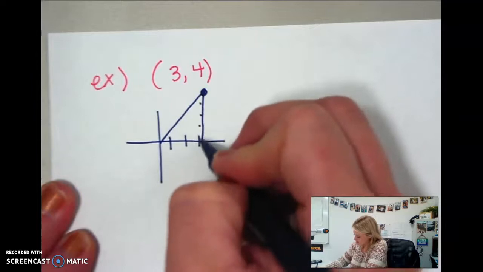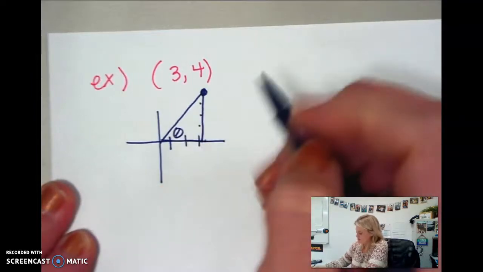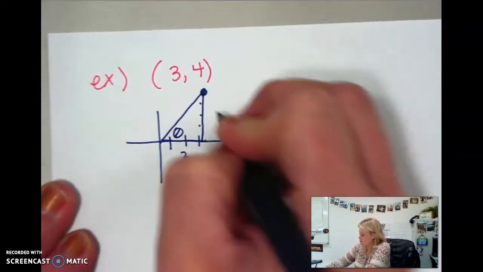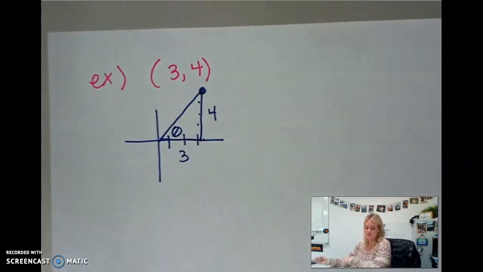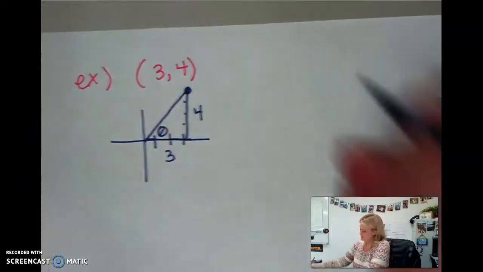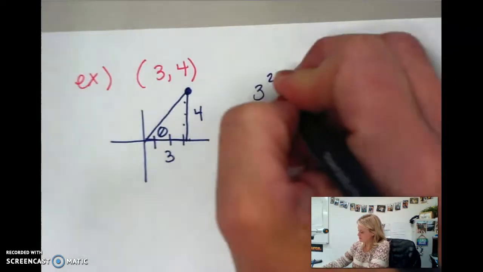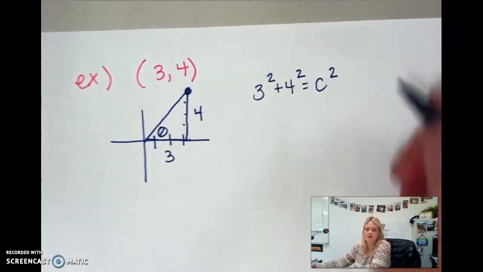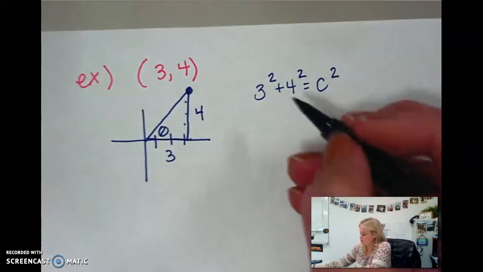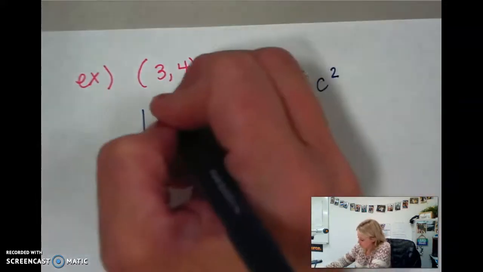That gives us the rest of our triangle, and there's theta. We went over 3, up 4. And now, how do you find the missing side of a right triangle? A squared plus b squared equals c squared. This is one you should have memorized. Those of you who are going into any sort of framing or building, we call these 3, 4, 5 triangles.